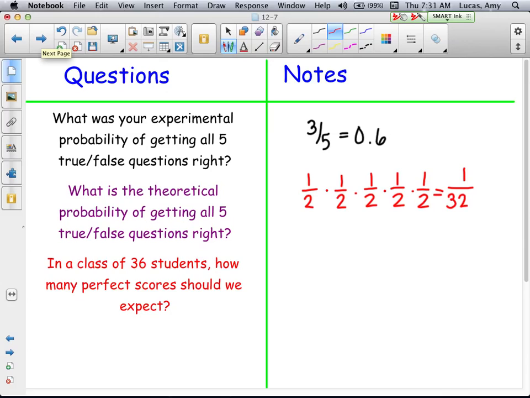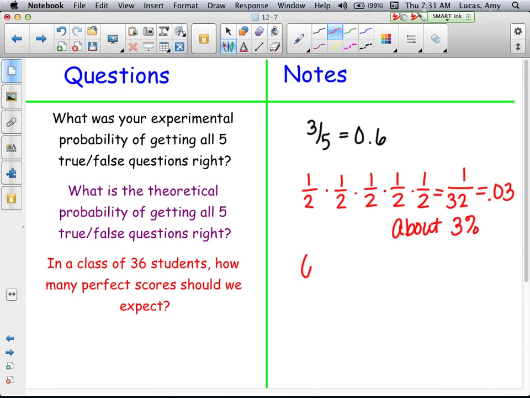So 1 divided by 32 is 0.03125. So about 3%, or 3 out of 100 people would guess and get all 5 of these right.